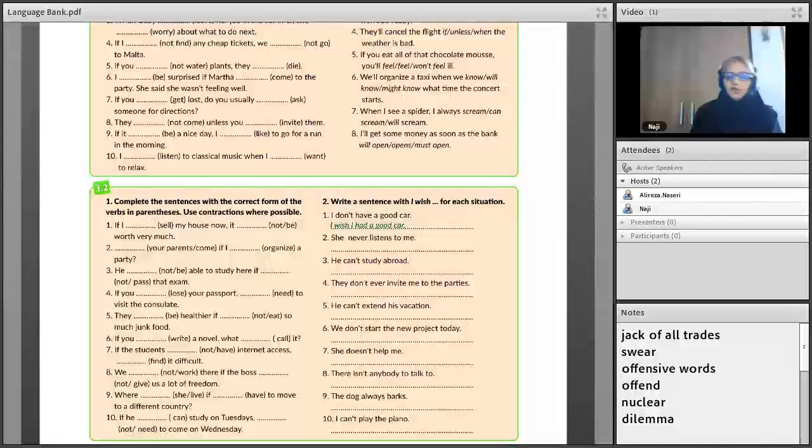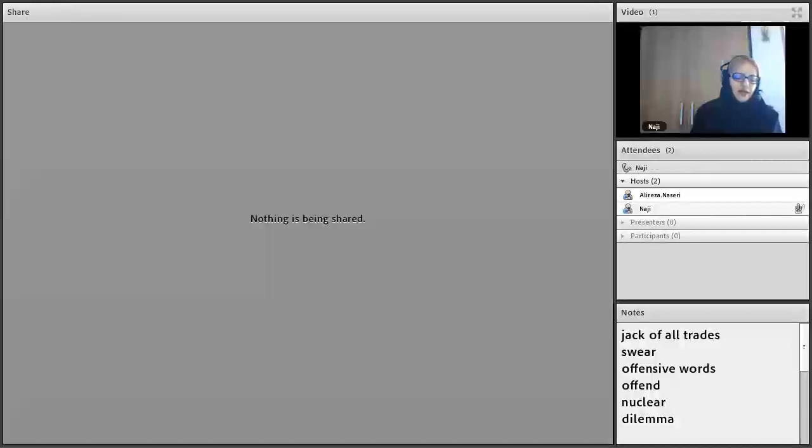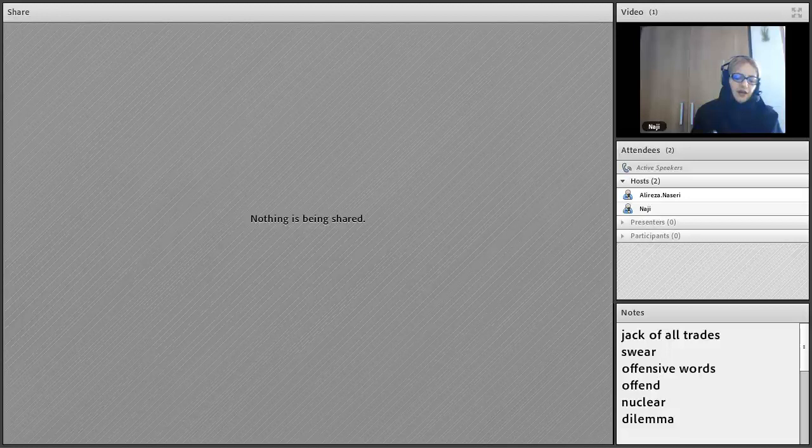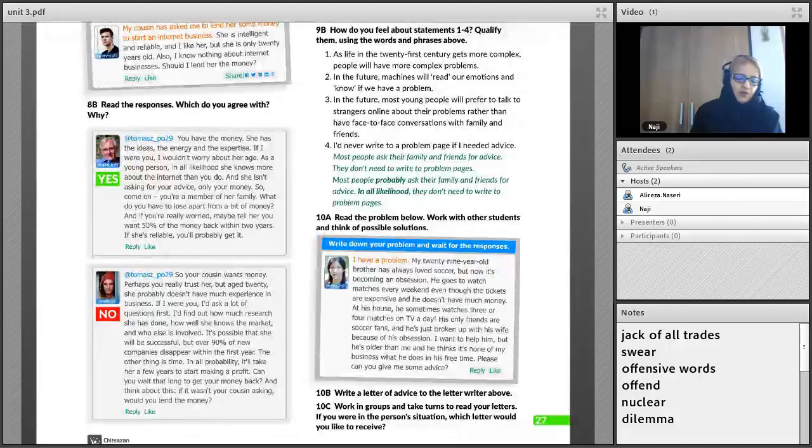Which ones are deemed to be bad news? There are some phrases here. Look at these phrases, page 28, and let's check them together and see if they are good news or bad news.